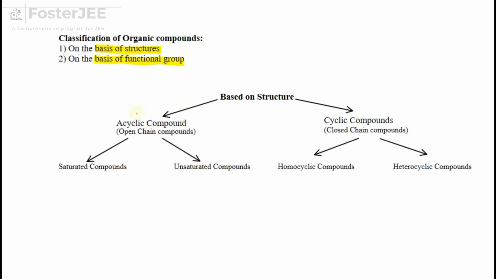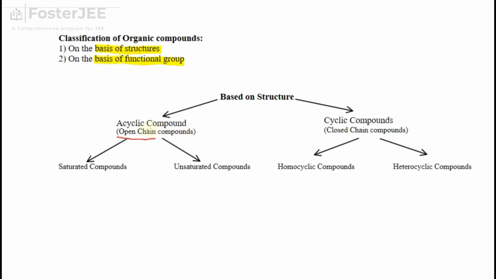Here, the acyclic compounds are the compounds in which the carbon atoms are linked to each other in such a manner that the molecule has an open chain structure. That is why it is known as open chain compounds.